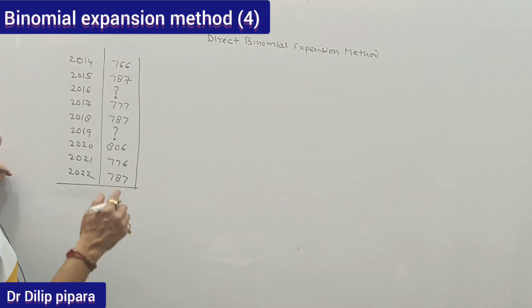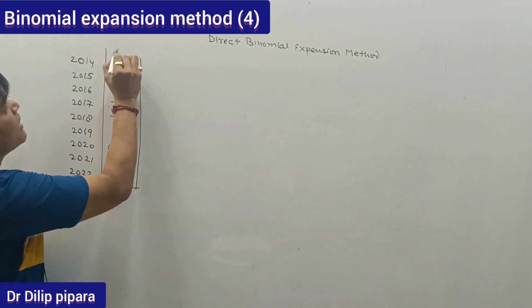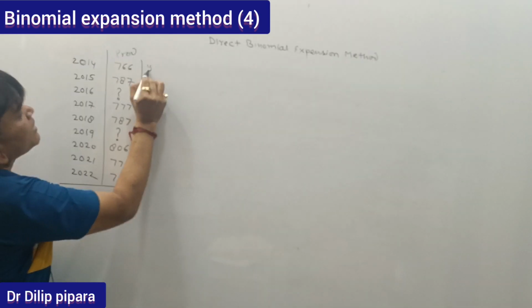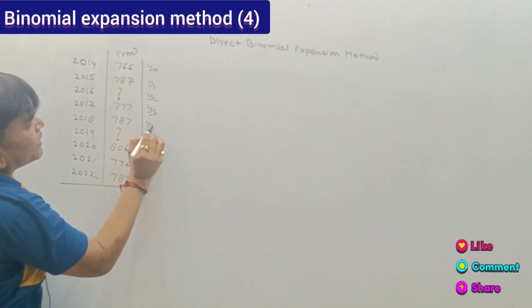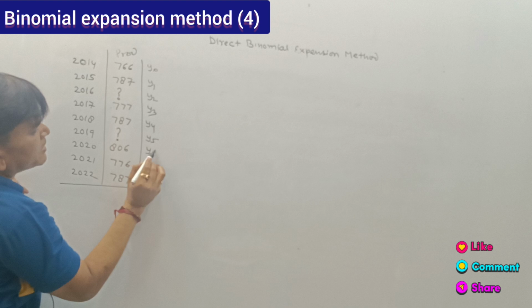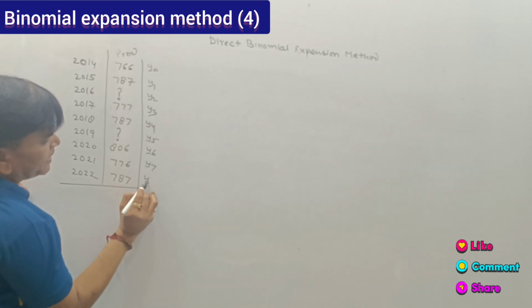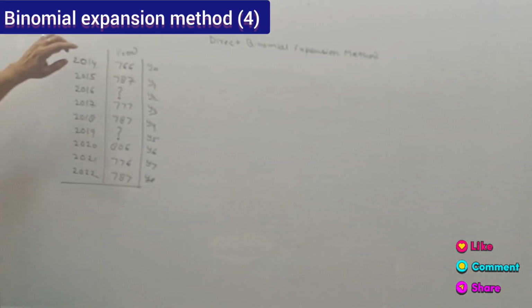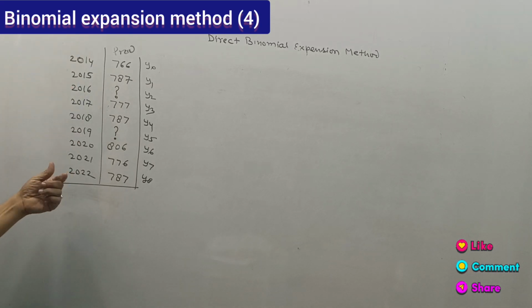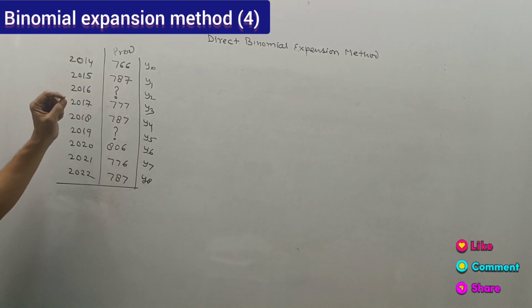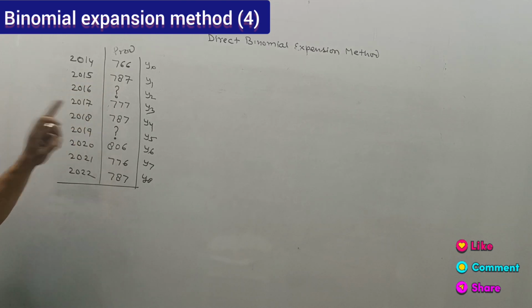So this is the production data: y0, y1, y2, y3, y4, y5, y6, y7 and y8. A total of 9 years is given, and among these 9 years 2 are missing.